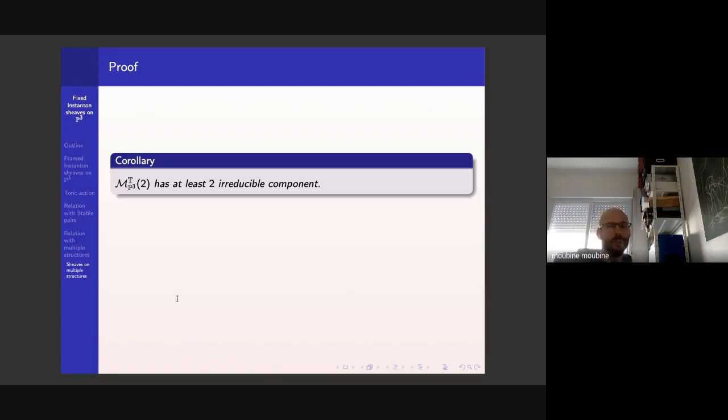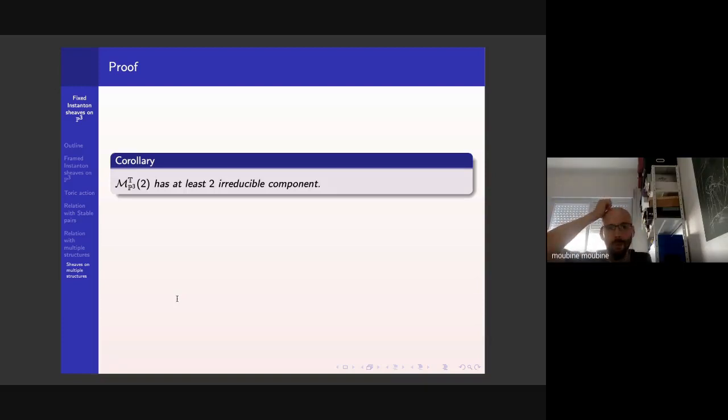So of course one can go back to the moduli space of the instantons, and one can prove that there are at least 2 irreducible components because of these 2 diagrams. We're not sure, because it might be that the families of these sheaves also come in different components.